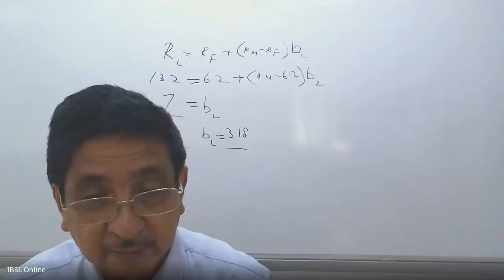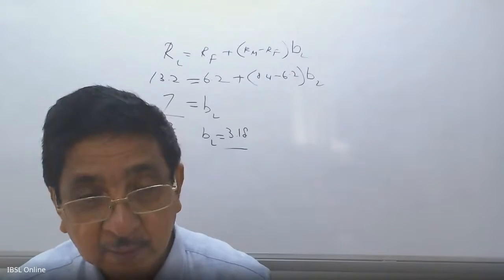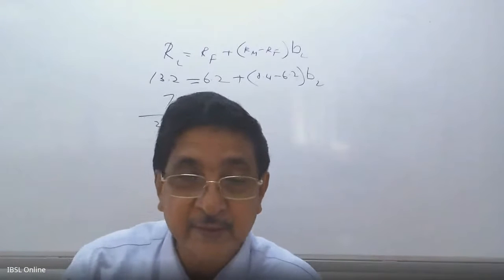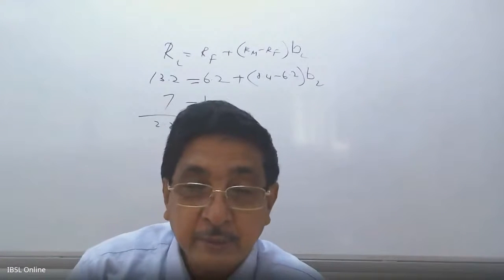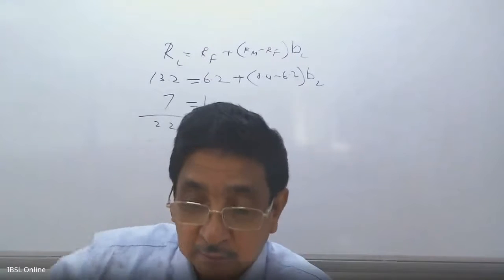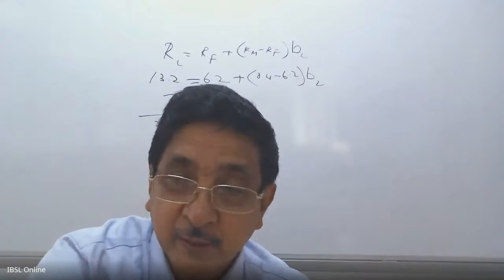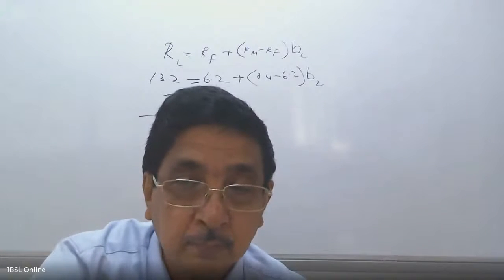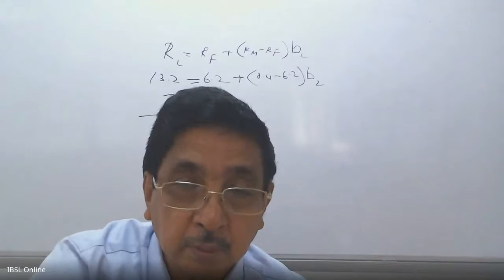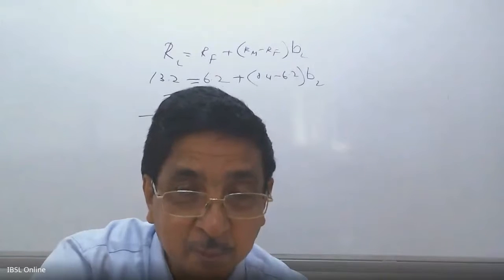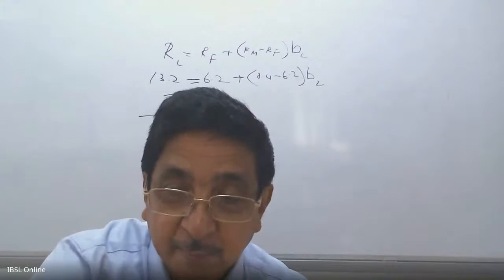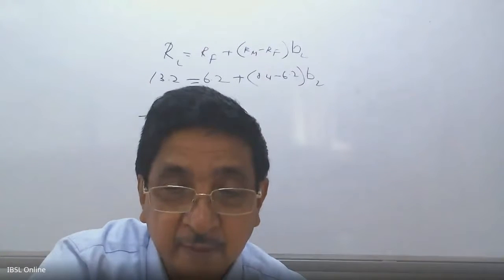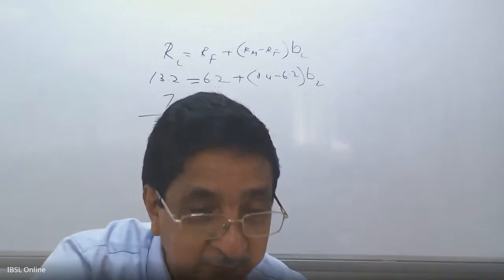Now, after getting the betas for Lotus and earlier, you are in a position to get the Treynor measure with all other things available. So the risk premium for Lotus is how much? Risk premium is 13.2 minus 6.2, that is 7, divided by the beta, 3.18.